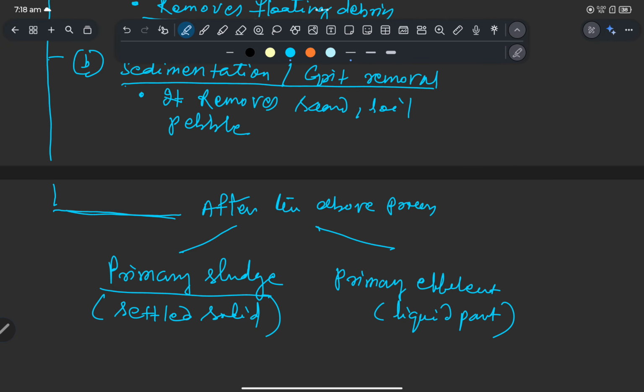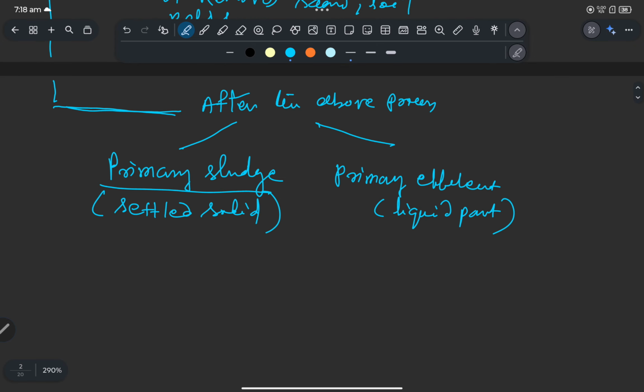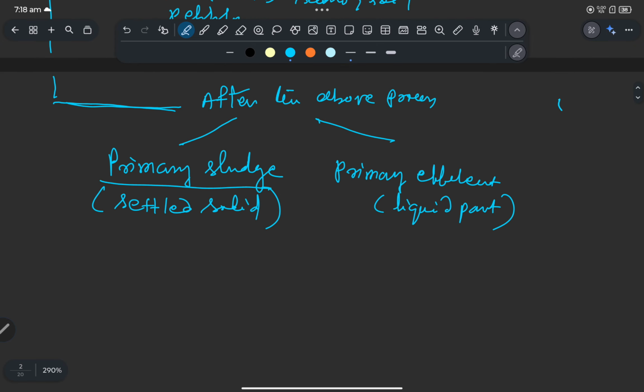Here, see, first of all, suppose this is a mesh. Through this mesh passes the sewage, and the first step is filtration. After filtration, the pebbles and smaller particles are removed, then the floating particles are removed, then it is allowed to settle down, and the heavier materials settle down. Two things are released: the liquid part and the solid part.